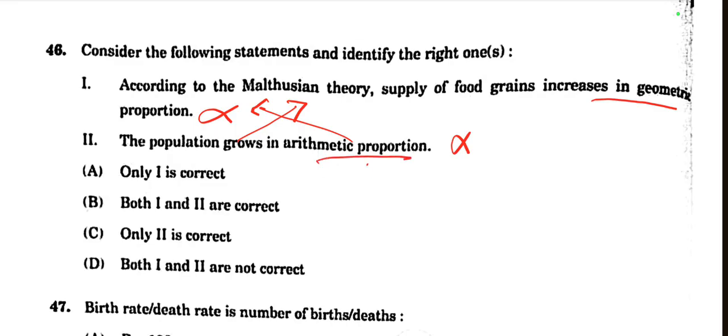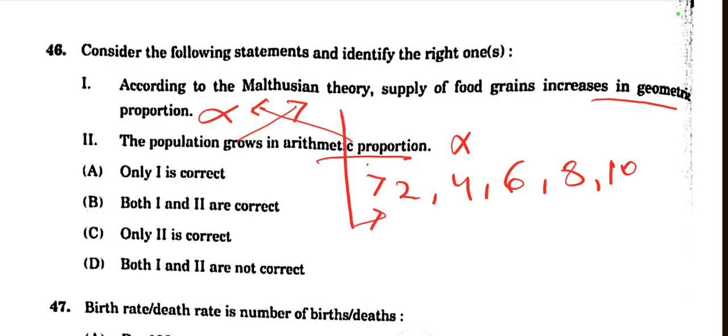Arithmetic progression means 2, 4, 6, 8, 10, this type of progression. But geometric progression means from 2, that is 4, 4 doubled is 8, then 16, then 32, then 64.